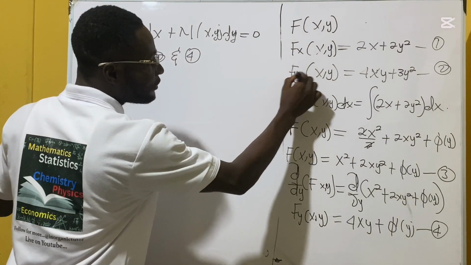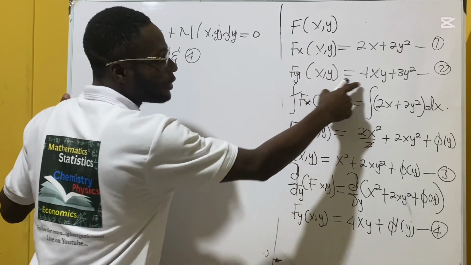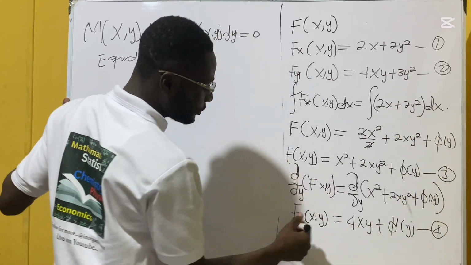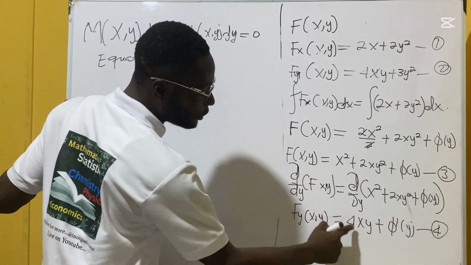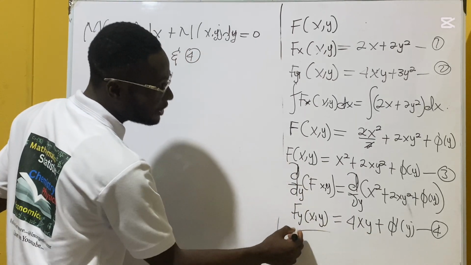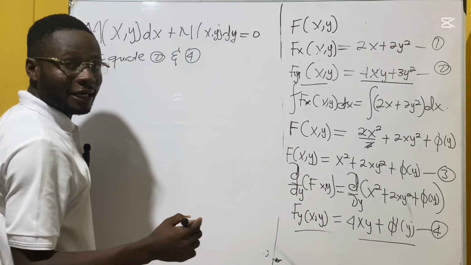So you see we have equation 2, f sub y of x and y equals 4xy plus 3y squared, and we have f sub y of x and y equals 4xy plus phi prime of y. Since we have this and this, we can equate their right hand side terms.